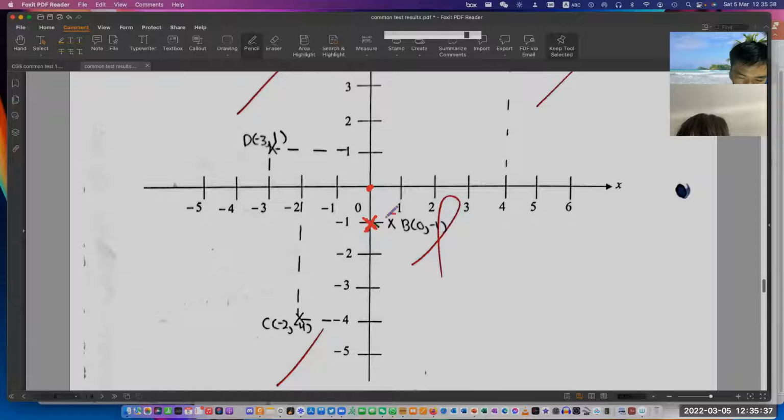And I don't know why she labeled next to it. Next to it is not 0 and minus 1 already. Next to it is about 0.5. So it should be 0.5 and minus 1. So this is not the point. Another self-inflicted error. 4 marks just because of self-inflicted errors.